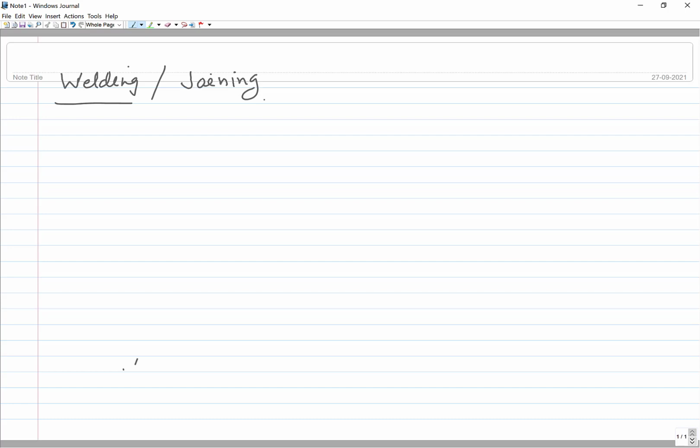So joining is a much bigger umbrella related with the fabrication techniques. We'll use the word joining because we have a lot of joining processes, not just welding, although the chapter title is welding.